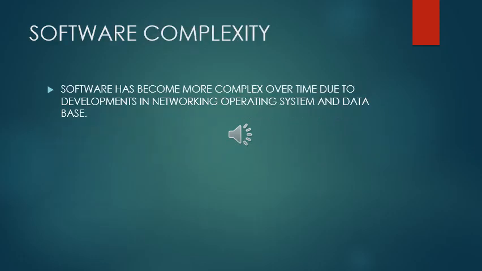So, software complexity. Software became more complex over time due to development in networking, operating systems, and databases. Without those developments in networks, it would not be easy for an individual to have access to those databases and other things regarding the operation of the system.